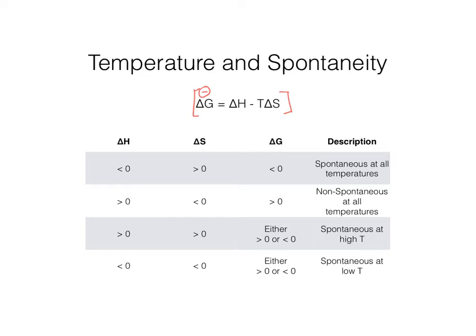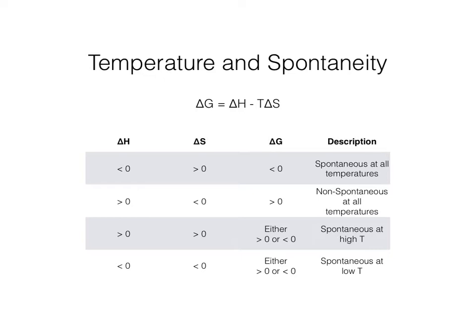We can do this by thinking about the sign of these parameters and what we have to do to make delta G negative. Okay, so let's just start working through some examples.